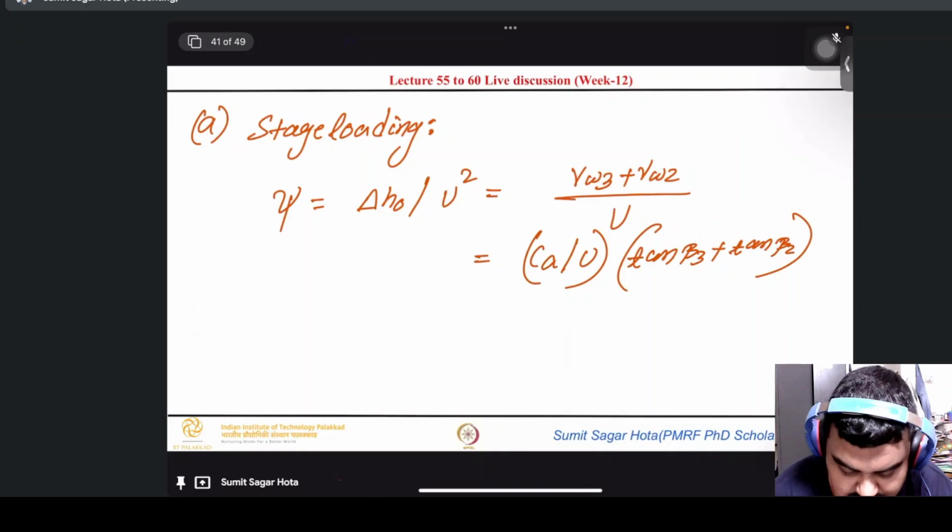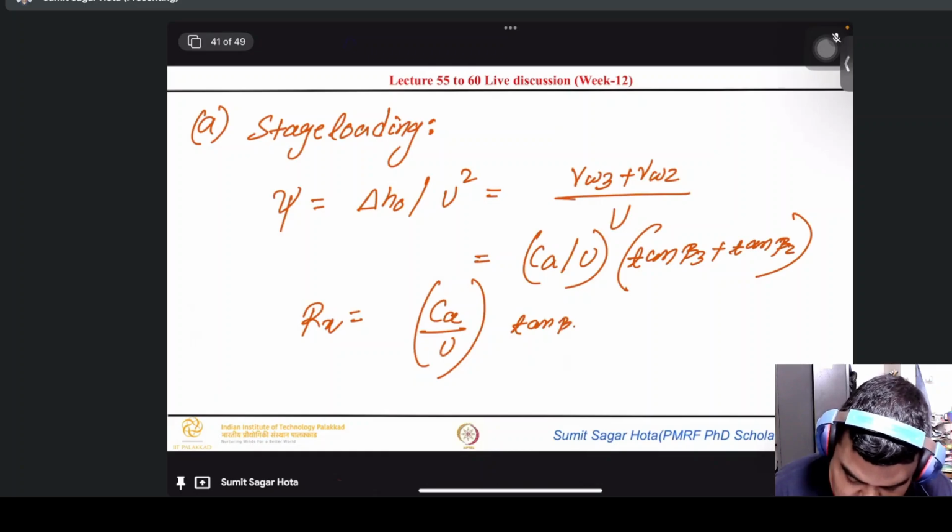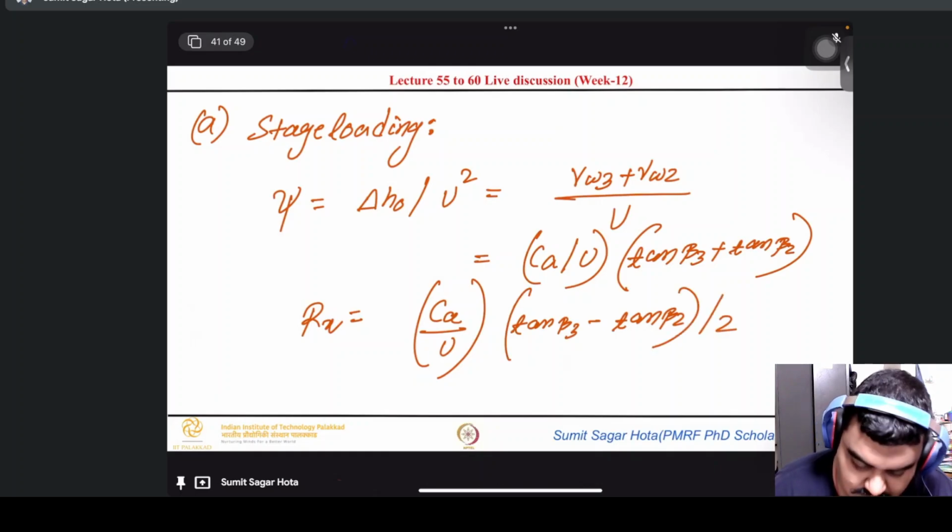Okay, so next, what is Rx? Rx is equal to Ca by U into (tan beta 3 minus tan beta 2) divided by 2.